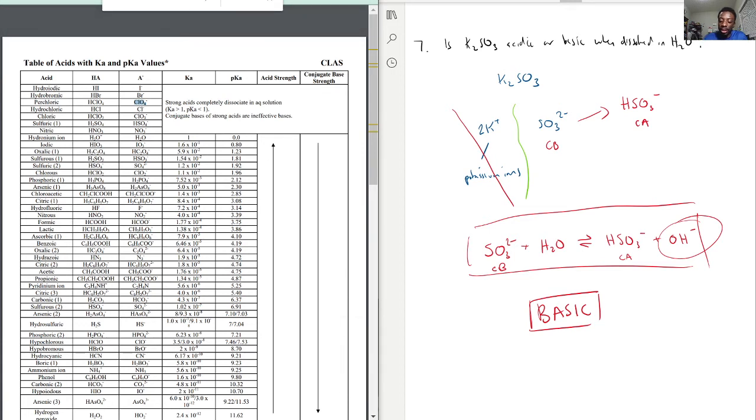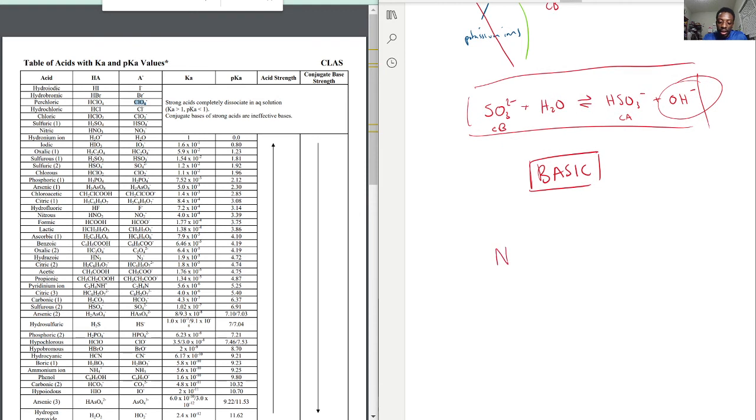So theoretically, if I were to add NaClO4 into water, this would be neutral, because there's no reason for ClO4 plus H2O to go into HClO4, because they don't want to be together at all. So theoretically, this would be a neutral compound. But that's just in theory, though.